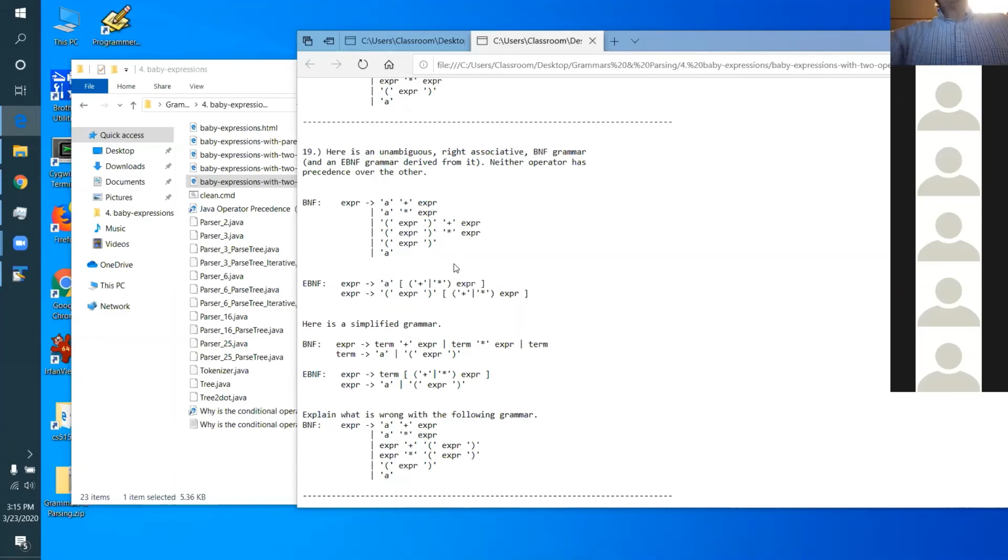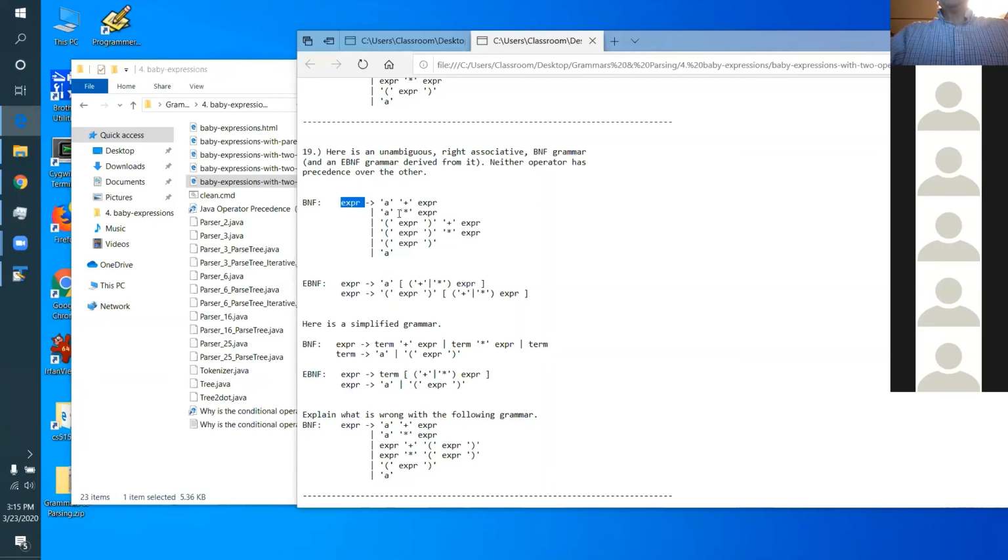Essentially, it makes sense because higher precedence pushes you lower in the parse tree. And by having multiple levels of productions, you're essentially pushing things lower in the parsing steps. If you have only one production, there's only one level of parsing. So that means everything's at the same level in the parse tree, and you wouldn't be able to push something lower.